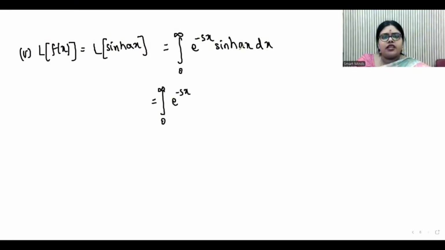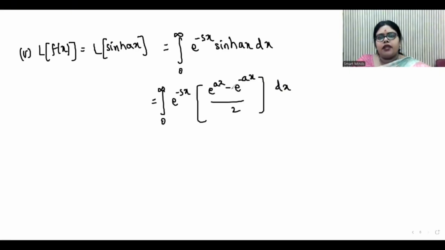That is equal to integral 0 to infinity e power minus sx, what is sinh ax? We have a definition for sinh ax. You can write it as (e power ax minus e power minus ax) by 2. This is the formula for sinh ax. For sinh you take minus here, for cosh you take plus. So that is equal to 1 by 2 outside, integral 0 to infinity.